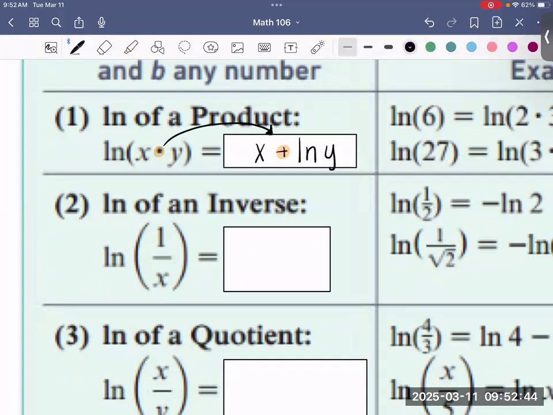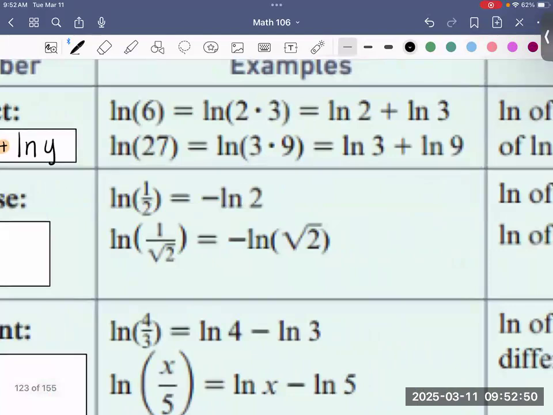And we're going to break it up with multiple ln's. And you can see that over here. You can break 6 up into 6 times 3. You could also break it up into 1 plus 6, and then with the 1, we have to recall what that property is. Or 27 can be broken up as 3 times 9. And you can break it up in lots of different factors.